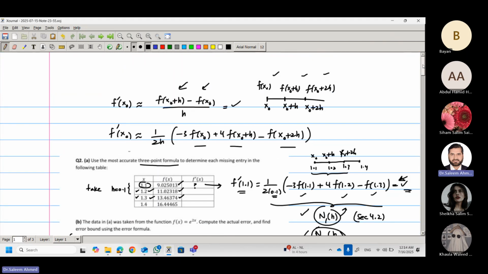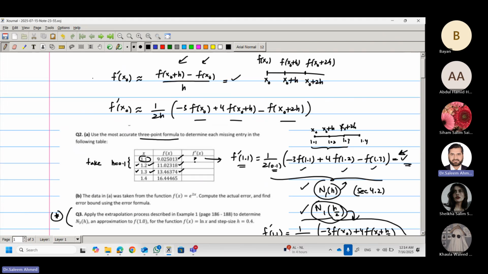If you solve just by forward method, you just need 2 points now. So x naught plus h. Here you have options. The very next point after 1.1 is 1.2, right? So you can use these 2 points with h equal to 0.1.